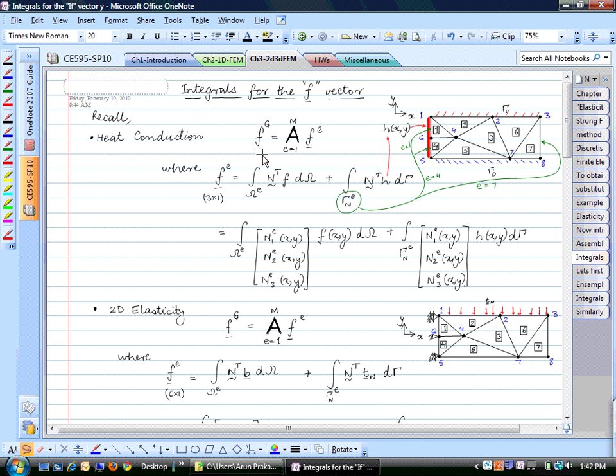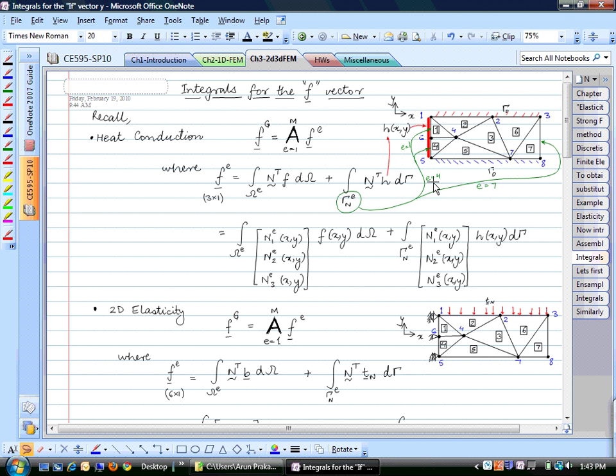From the heat conduction problem, before this elasticity problem, we came up with the same type of expression for this vector f: N transpose f over the domain of the triangle and N transpose h over the boundary of the triangle.